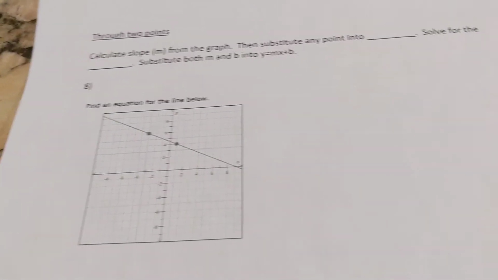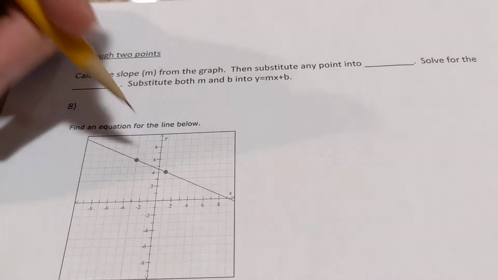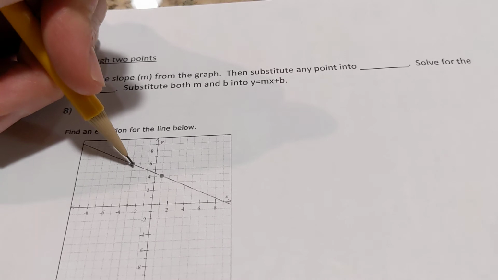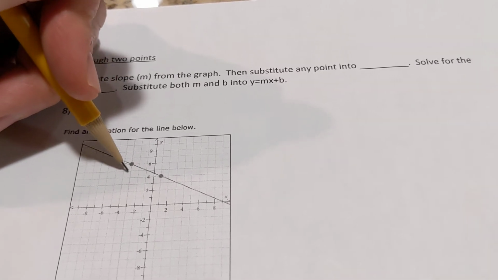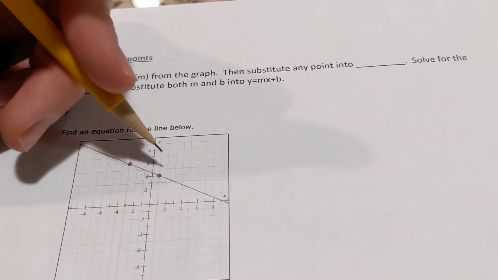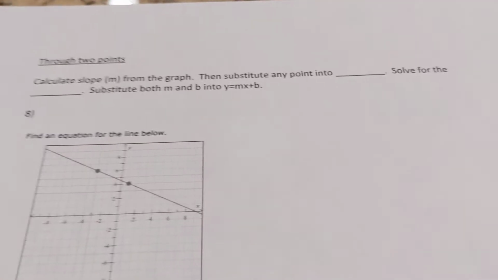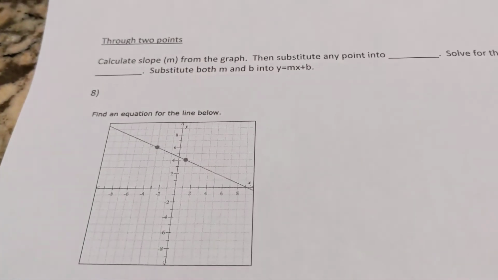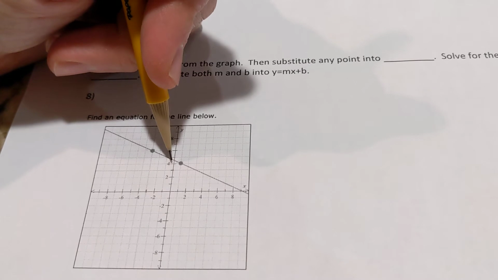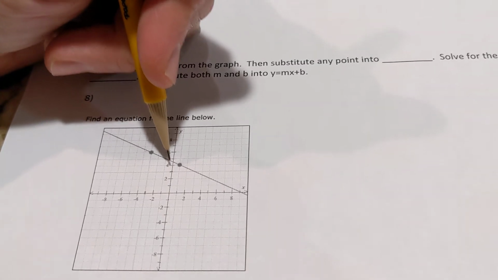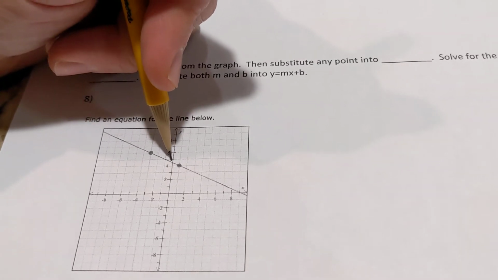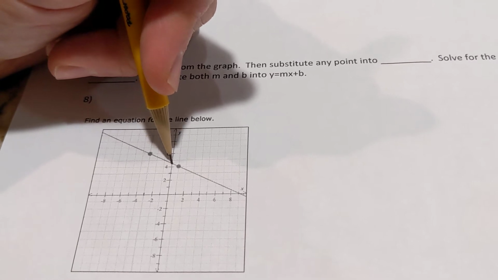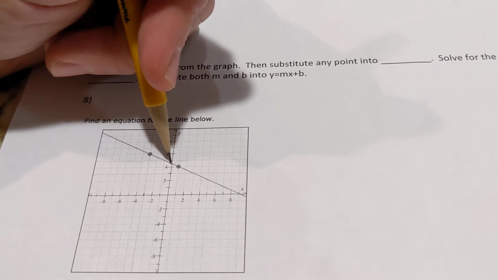Number 8. So if you take a look at this one, right, we can get slope, no problem, using rise over run, but the issue here is the y-intercept. If you take a look at the graph, the y-intercept is somewhere between 4 and 5. It could be 4.5, but we don't know that.